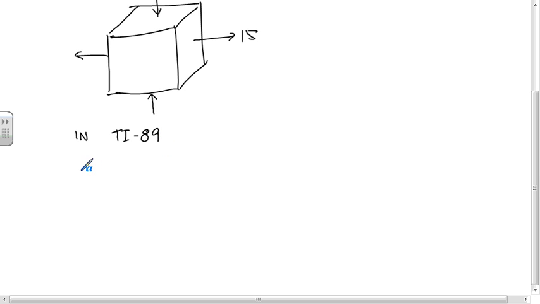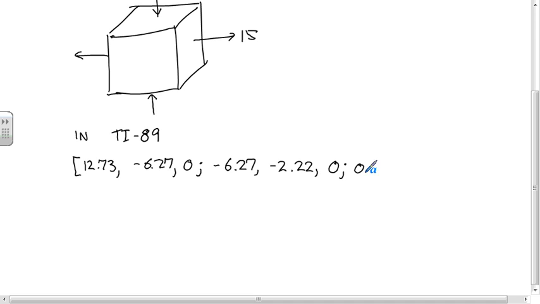Enter this matrix as 12.73, comma, negative 6.27, comma, 0, and then semicolon starts the next row. So I'm just entering that first matrix that I gave you, that first stress tensor. So negative 6.27, negative 2.22, 0, semicolon, then 0, comma, 0, comma, 0.